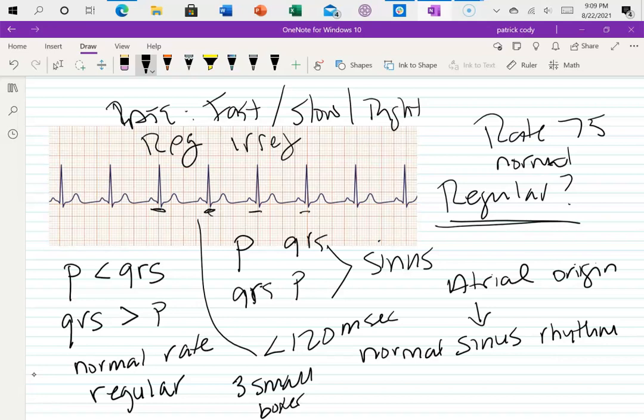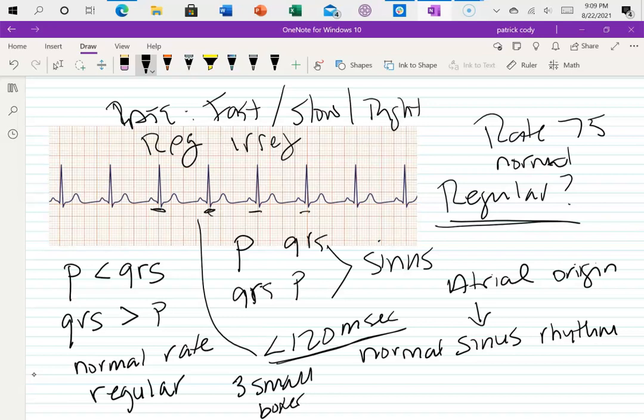And typically, if we see a QRS complex that is of normal width, that's going to tell us that this is a rhythm that originates above the ventricles. Okay, that's not always going to be the case, but for today's discussion, let's just say that a narrow QRS complex, one that is less than 120 milliseconds, is one that originates above the ventricle.